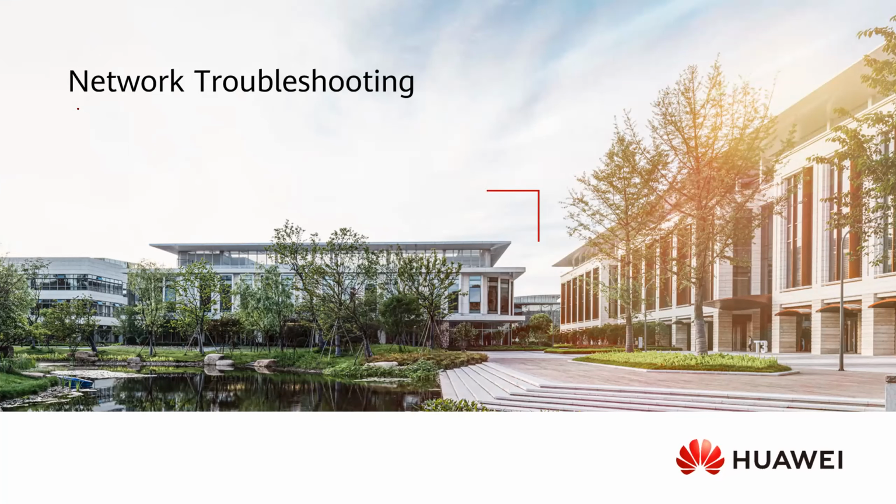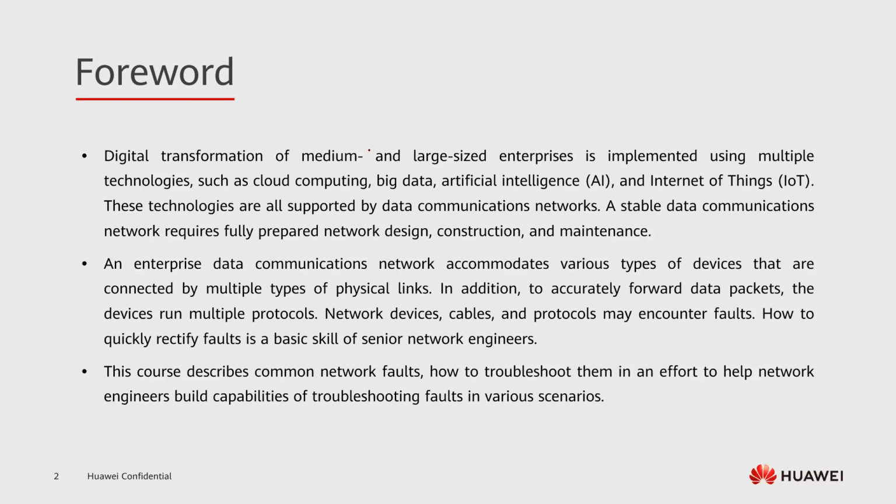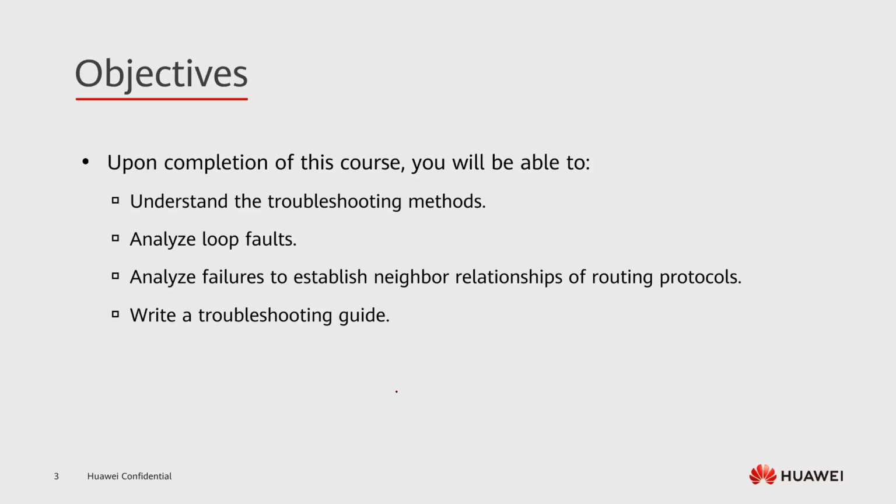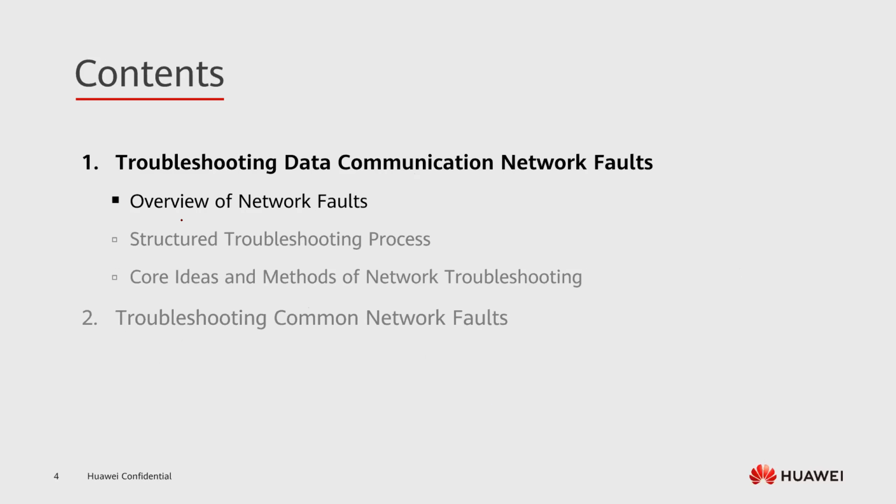Let's see an example for network troubleshooting. This course describes common network faults and how to troubleshoot them in an effort to help a network engineer build the capabilities of troubleshooting faults in various scenarios. It contains two parts.